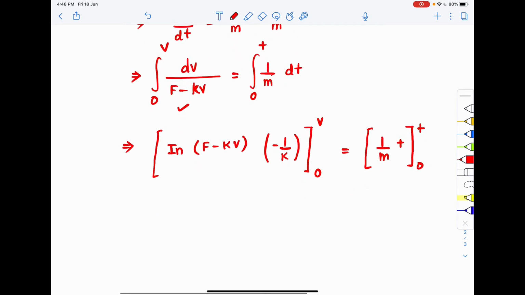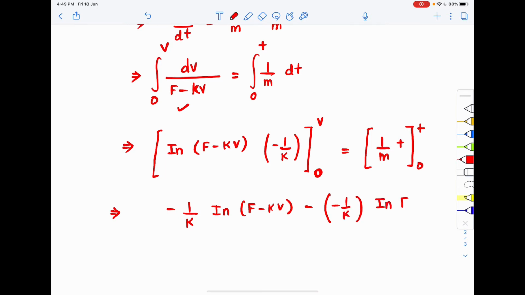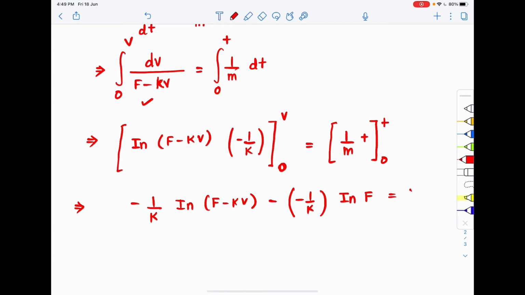If I solve this now, it will be equal to minus 1 by k ln of F minus kv, minus, now put in place of v, 0, so minus of minus 1 by k ln F, which is equal to 1 by M times t.